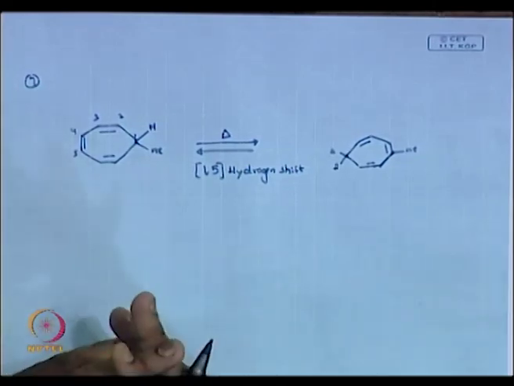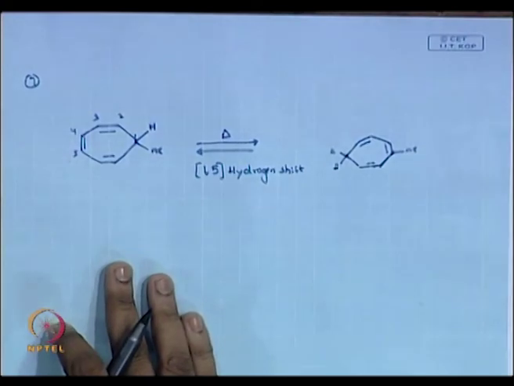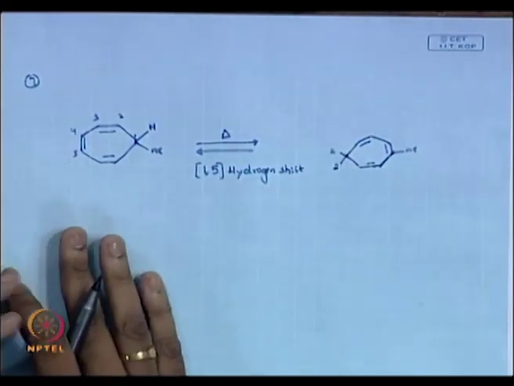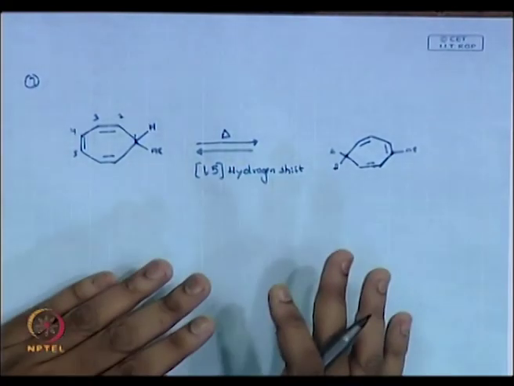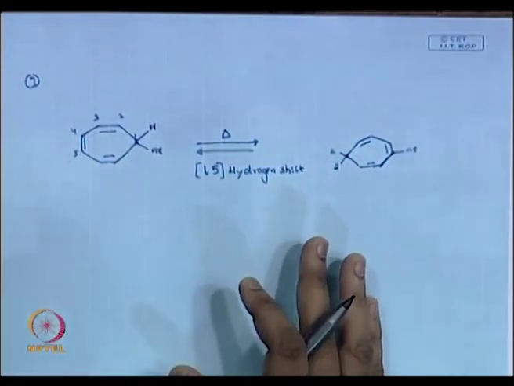So, now you have the conditions. If an example is given, you have to find out the condition. If the condition is known, then you find out whether it is 1,5, 1,3, 1,7. Then you find out whether it is suprafacial or antarafacial. Then you find out whether it is retention or inversion. Any doubt with these examples? Okay.